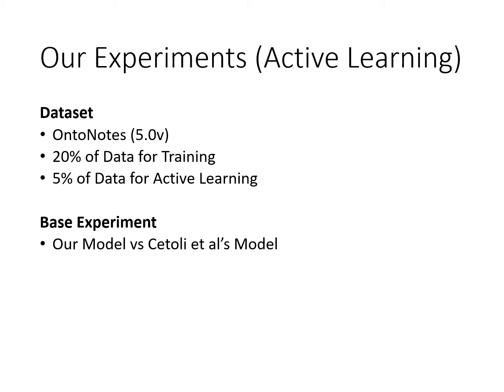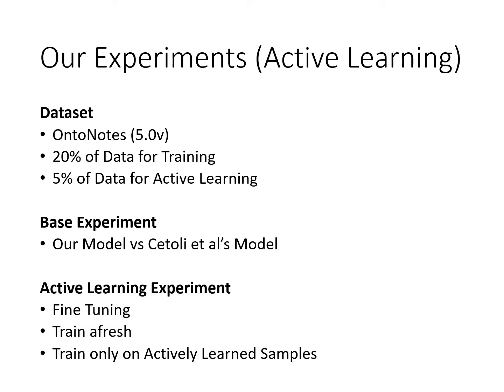Base experiment. Our base model experiment is to test whether our projection to a nonlinear domain has an improvement over the previous model. Once we prove our projection layer has an improvement, we then set up active learning experiments. For the active learning experiment, we do three main experiments.